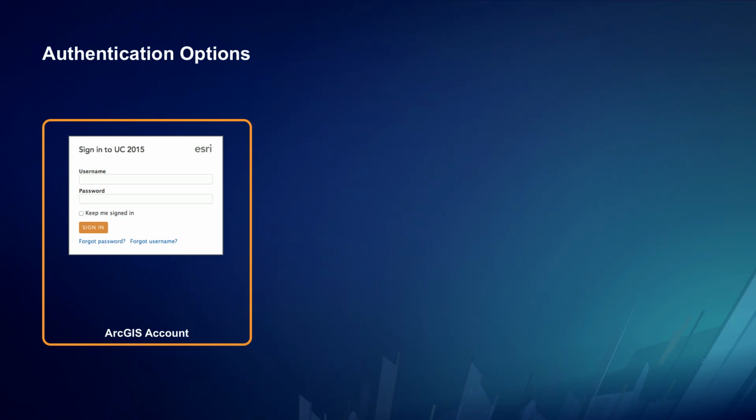Now let me talk a little bit about different authentication options in ArcGIS Online. There are three different ways that you can identify yourself in ArcGIS Online. One is you can create an ArcGIS Online account. This is just a simple username and password that we store and create on our infrastructure.